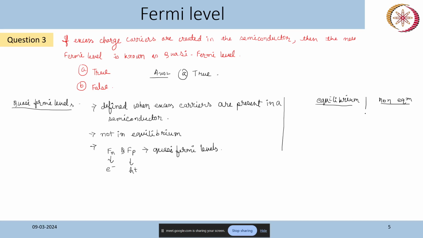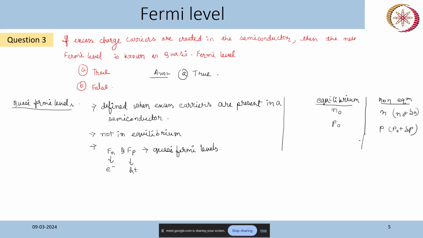In equilibrium, we use the notation N naught for the equilibrium electron concentration, and in non-equilibrium, if there are excess carriers, it will be N, which is equal to N naught plus delta N, the excess carriers. In equilibrium, we denote the hole concentration as P naught, and if there are excess carriers, we denote it as P, which is P naught plus delta P, the excess hole part.